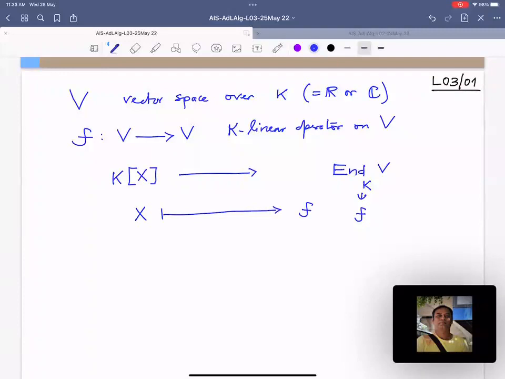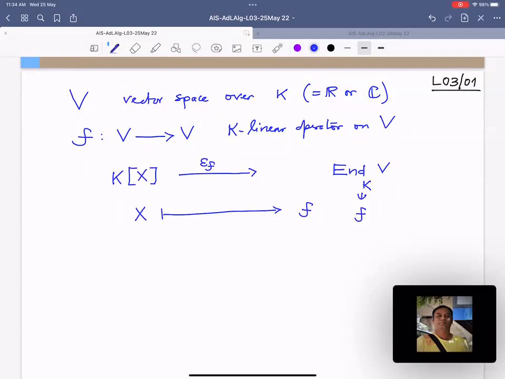So the universal property of the polynomial ring will say that this is enough to define the map on X. So this way you will get the image of this map. This is the evaluation map, let me call this epsilon F, which depends on F, the given operator.